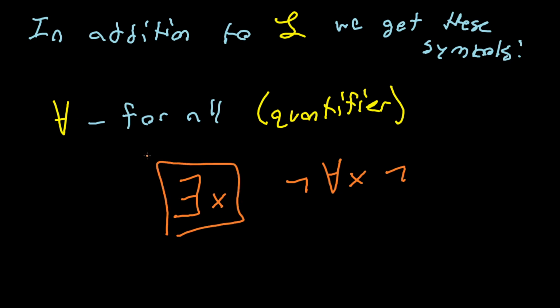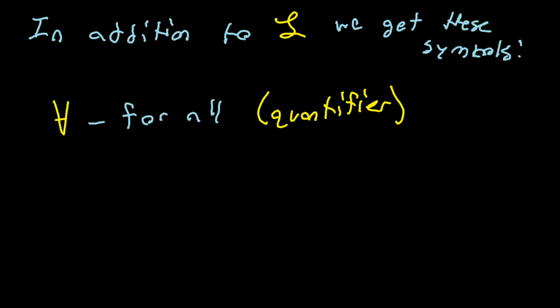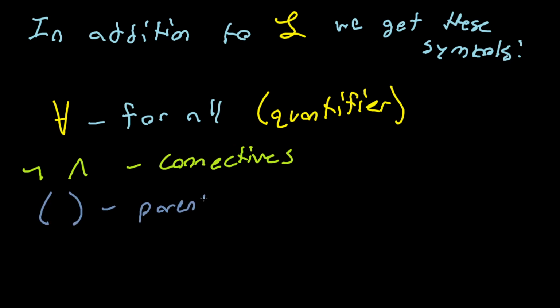So with nots and the for all, we get that there exists. So for our definitions, we won't be using there exists. We, of course, get not and. These are our connectives from before. We, of course, get parentheses. And finally, we get a new thing.